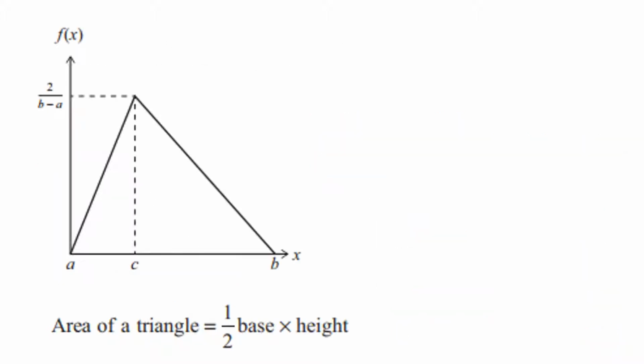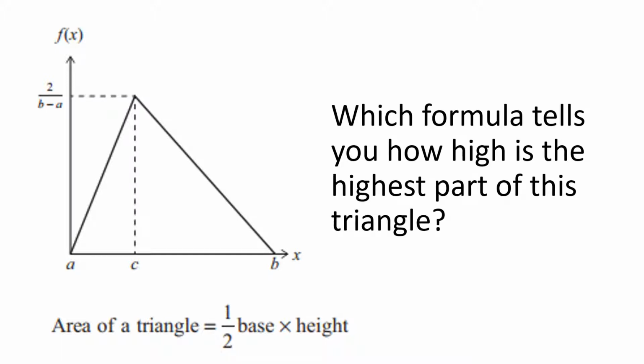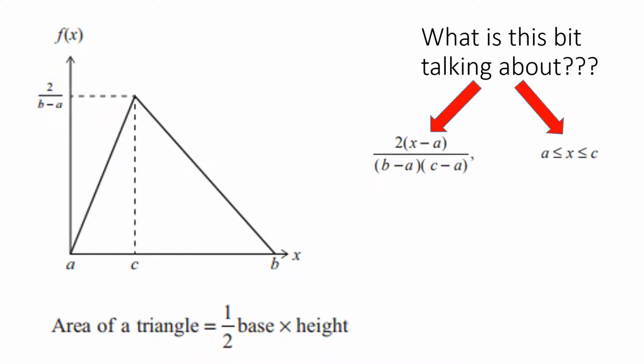So first off, which formula tells you how high is the highest part of this triangle? Now this one's off by itself a little bit, but see where the highest part of that triangle is? See a little dotted line going over? So the height of that triangle is given by that formula there. Okay, so what's this bit talking about?